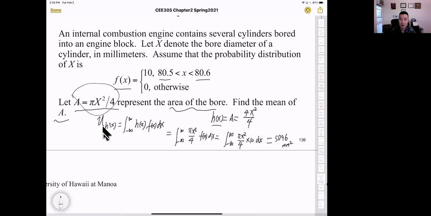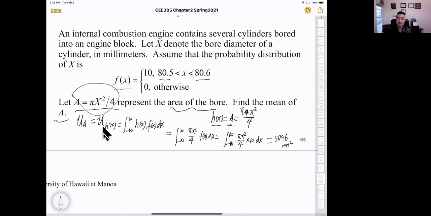Basically, the mean value of the area is equal to this. Someone noticed the h(x) definition: it should be pi x squared over 4, yes, it's supposed to be pi. Okay, thank you.